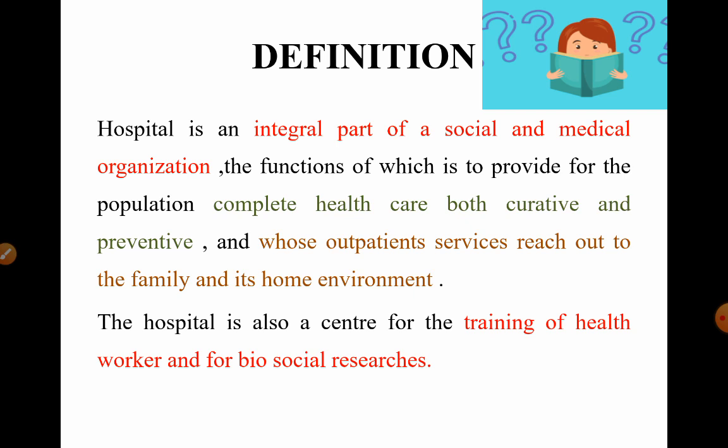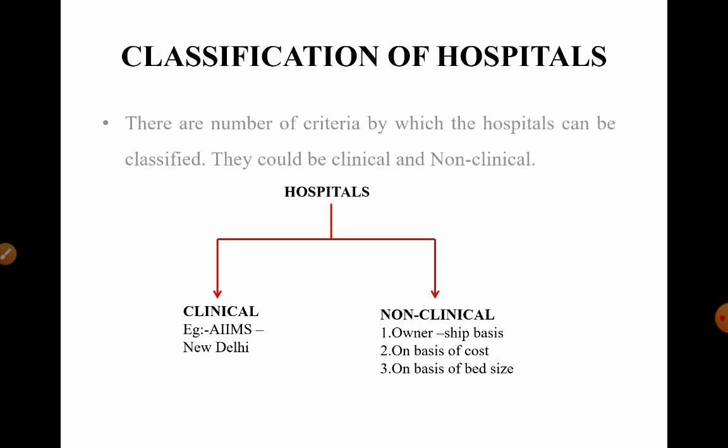Next we are going to see the classification of hospitals. There are a number of criteria by which hospitals can be classified. Among those criteria, the two main divisions are clinical and non-clinical. On a clinical basis, we can classify hospitals by the type of disease, such as TB hospitals, which mainly treat only TB patients.